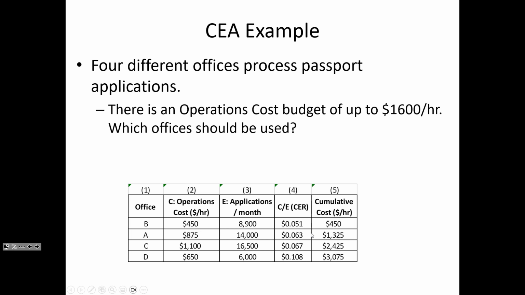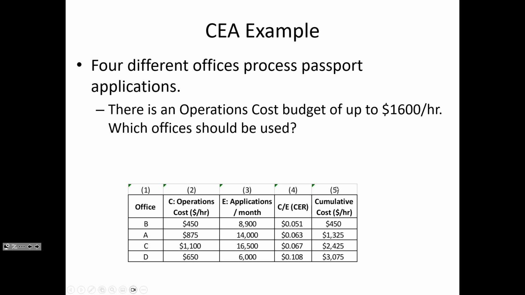So we reorganize this with B at the top and D at the bottom. So D is the worst because, relative to the number of applications being processed, it has relatively high operational costs.